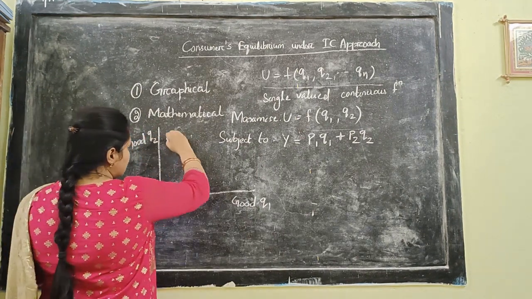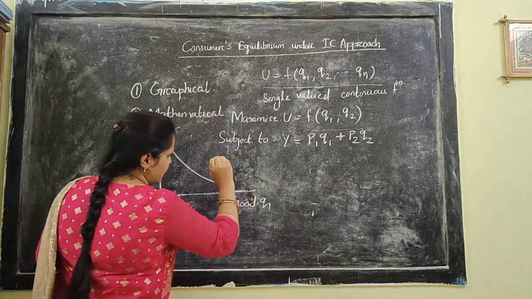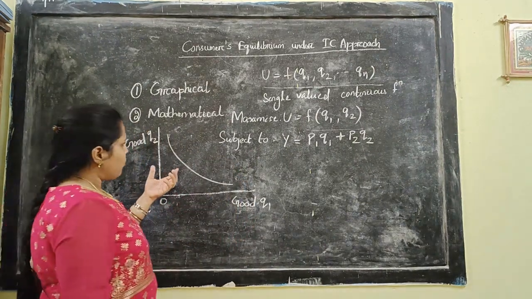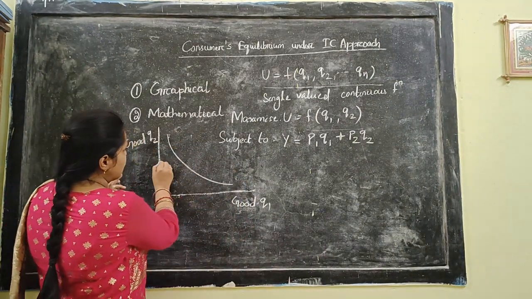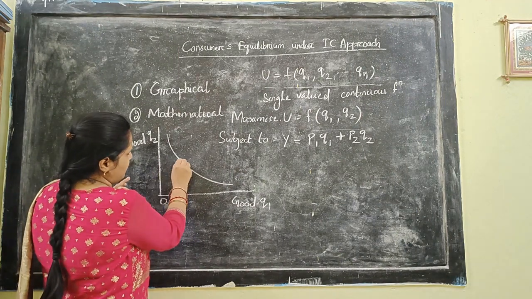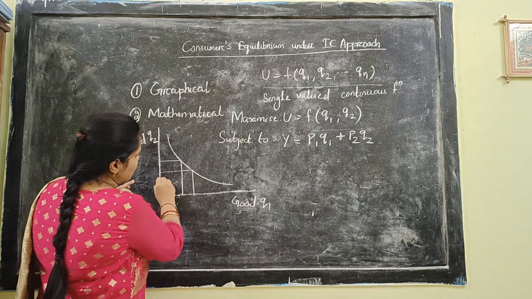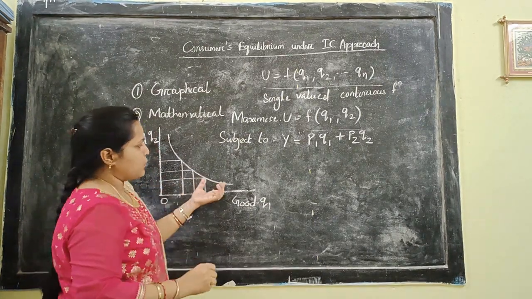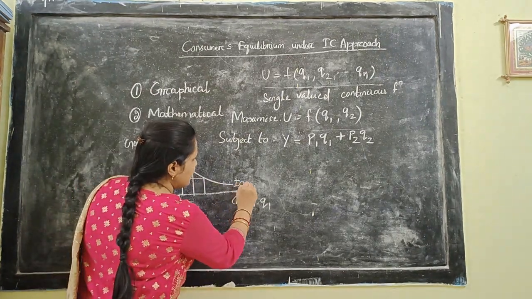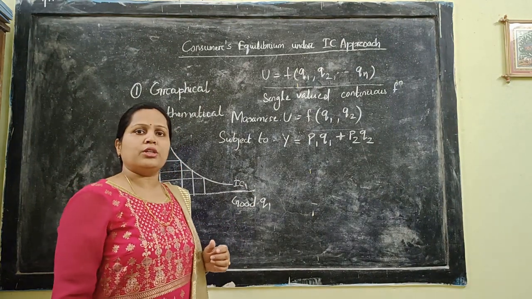Your indifference curve will take a normal convex shape like this, where each of the points on the indifference curve shows the same level of satisfaction to the consumer.